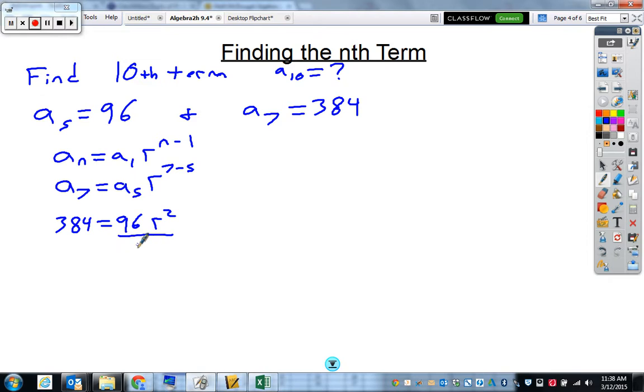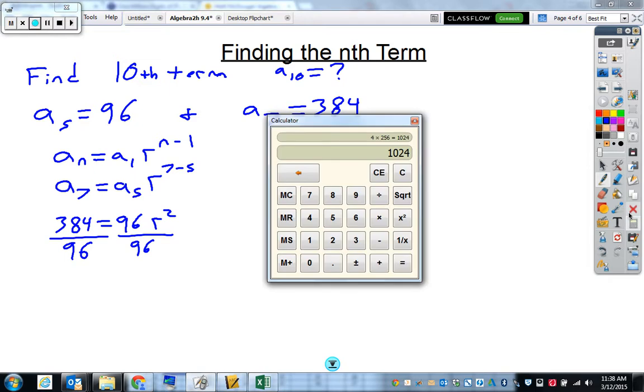First, I'm going to divide both sides by 96. Calculator. 384. Right, so we get r squared equals 4.